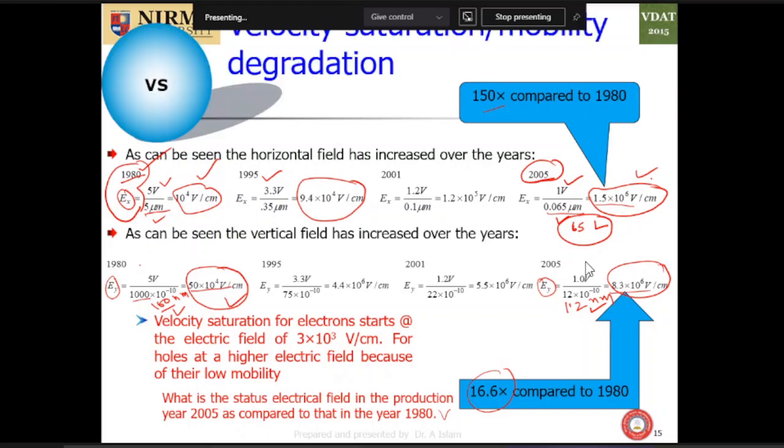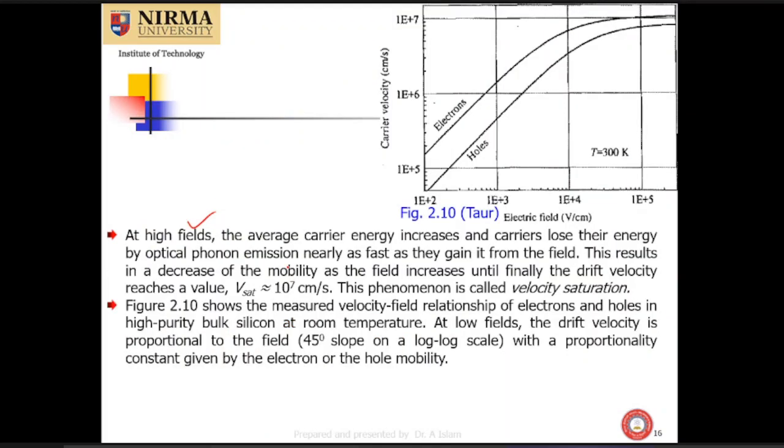What you see in this plot is electric field versus carrier velocity. At high fields, the average carrier energy increases, and carriers lose their energy by optical phonon emission nearly as fast as they gain it from the field.